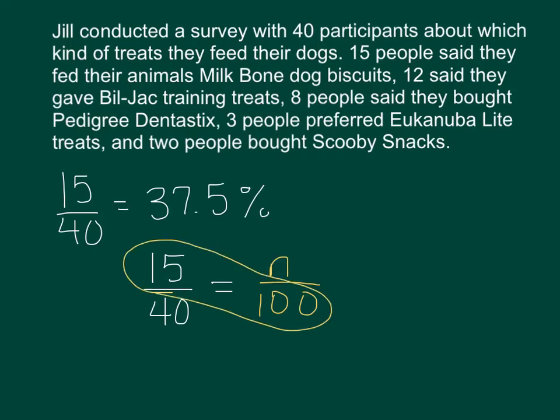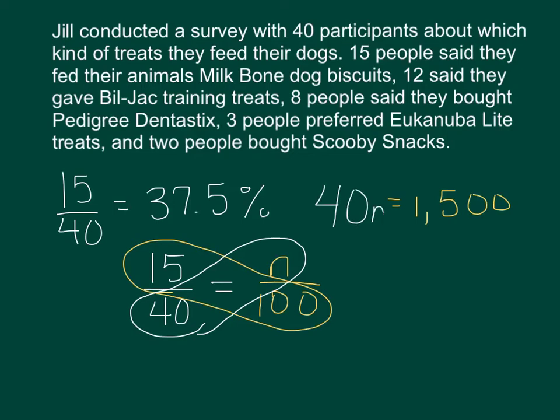15 times 100, we're going to cross multiply and we get 1,500 and set that equal to our other product of cross multiplication, which is 40 times n, and we'll get 40n. Now we need to isolate the variable by dividing both sides by 40. We have n now isolated.